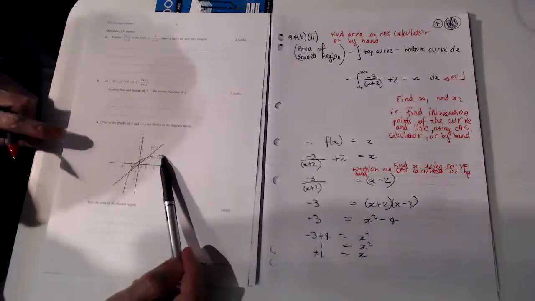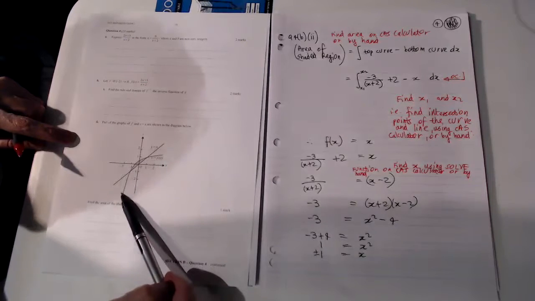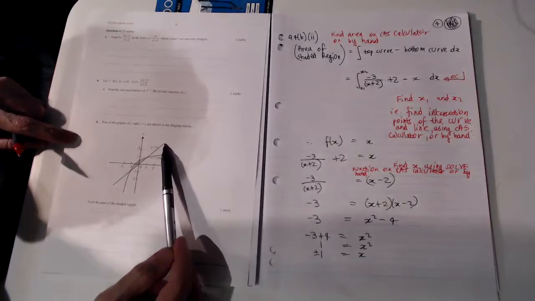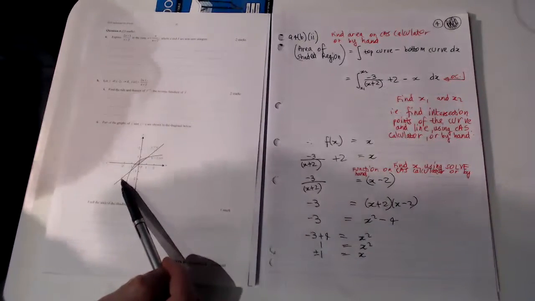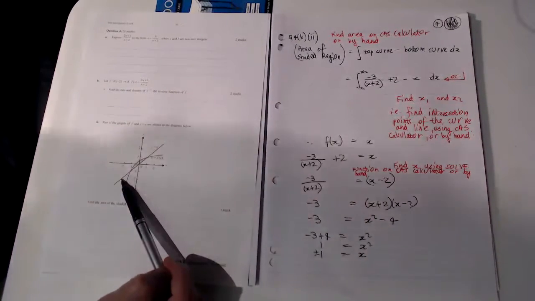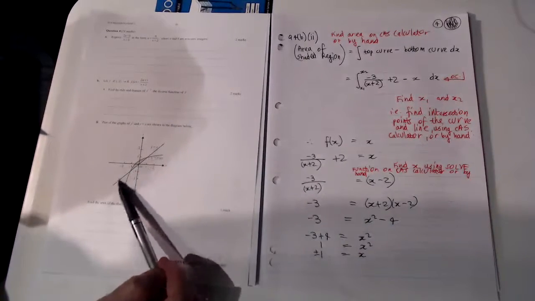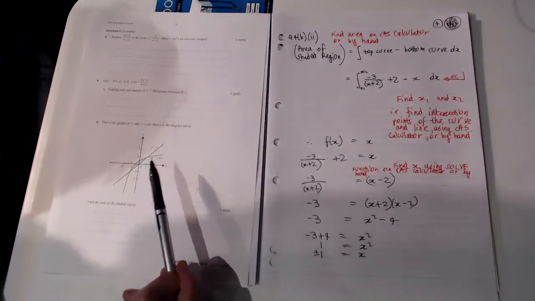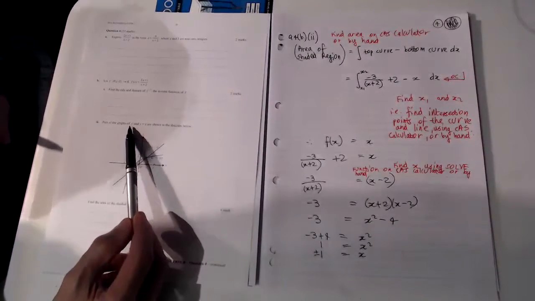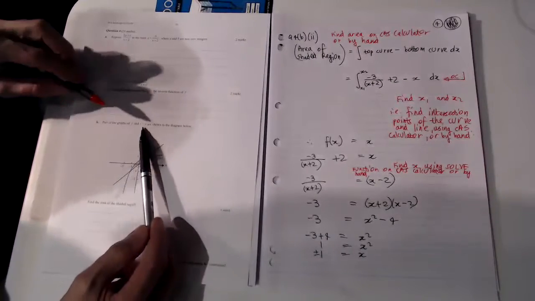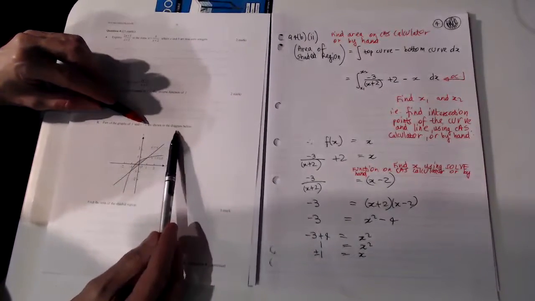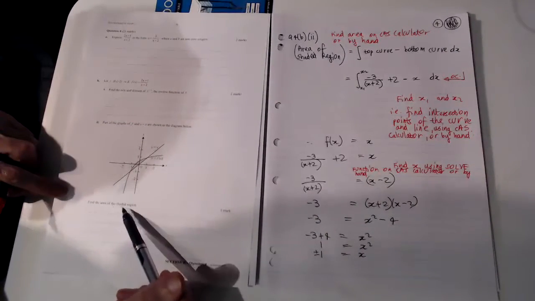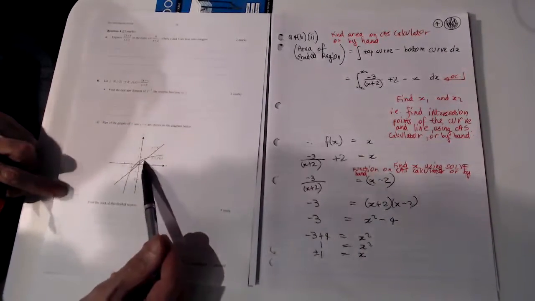All right, that's the f graph, which is what we have been doing, and that's the line y equals x, which of course cuts the first quadrant in half at 45 degrees. So, repeat: part of the graphs of f and y equals x are shown in the diagram below. Find the area of the shaded region shown in the diagram.